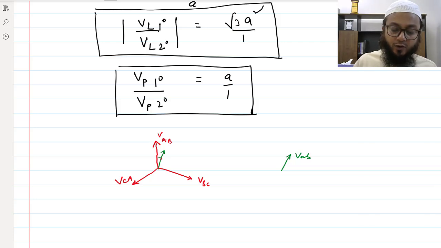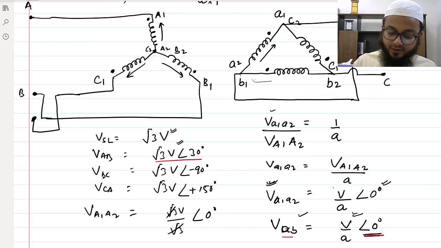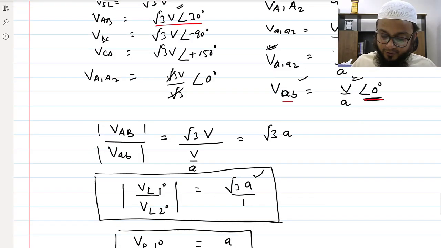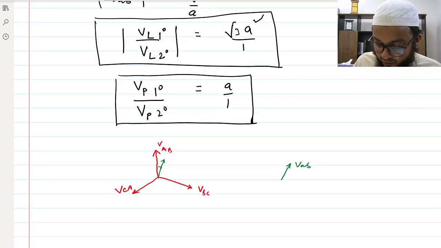And VAB is nothing but VA1, A2, right? And VBC is connected between this point and this point, that means across B1 and B2, okay? So B1 and B2 would be 120 degree to it, right?